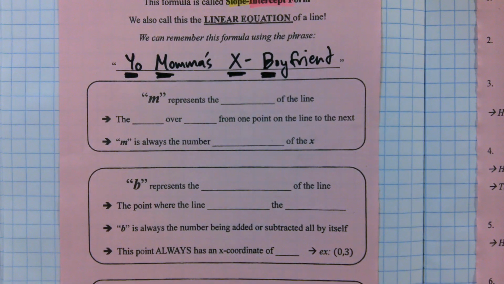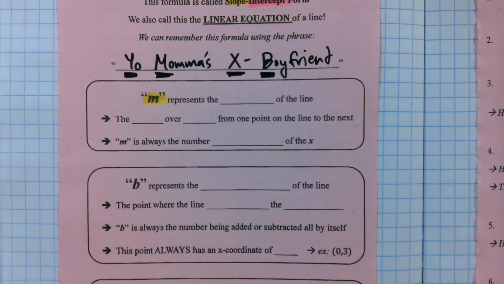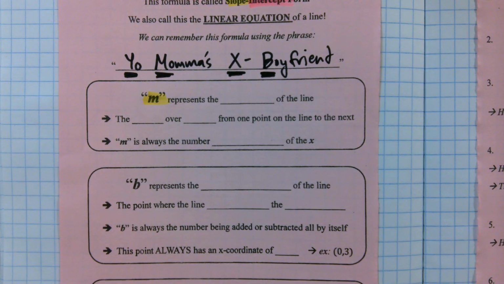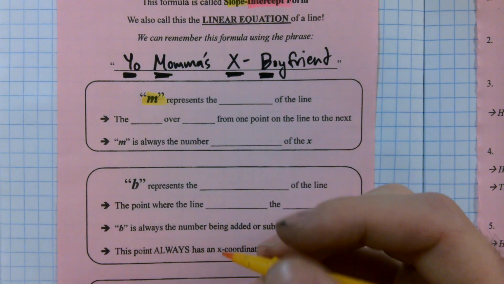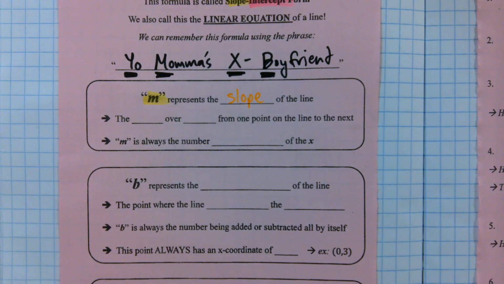Now, let's break down each of these components. Starting with the M, the mama. Okay, now it doesn't represent a mama, right? What does M represent again? Slope, right, TJ? Slope. M represents the slope of the line. Slope is a measure of how steep it is, right, Brent?